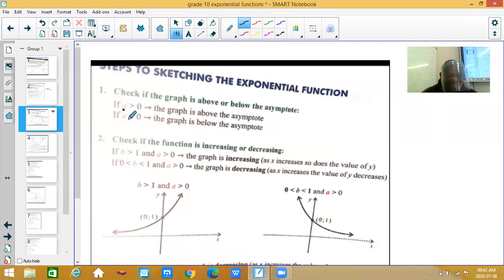If it is negative, let us say -2, -3, any number that is negative, it will be below. This particular situation we don't normally see, but it's there in life. You may meet it. That is why I'm talking about it.